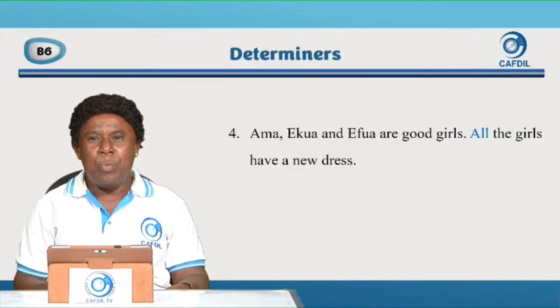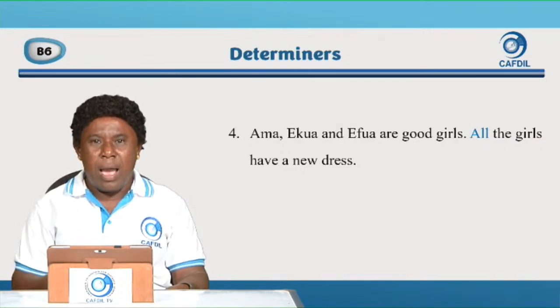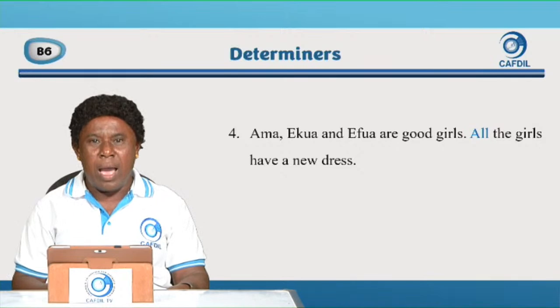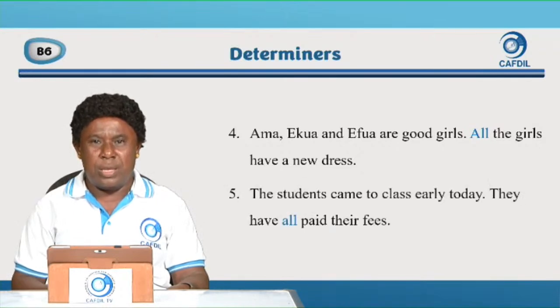How many people did we mention? Ama, Efua, and Ekua, 3 girls. And now we say, all the girls have a new dress. There are more than 1 and 2. So we say all the girls have a new dress.